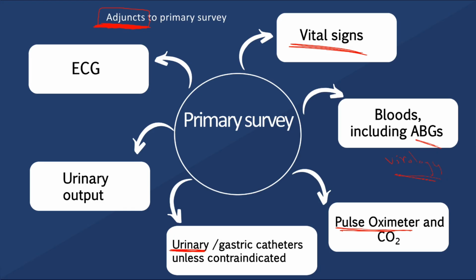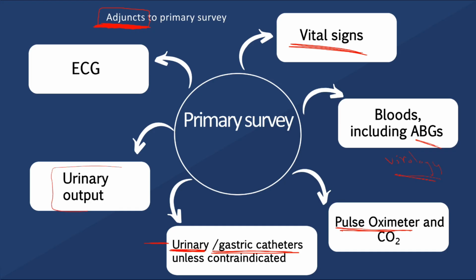They may do a trial, they may do ascending urography. Whatever they do, it is their job to control the urinary catheter. Gastric catheter is essential because it can decrease the gastric distension and improve breathing, but it is contraindicated if there is suspicion of basal skull fracture or midface fracture.